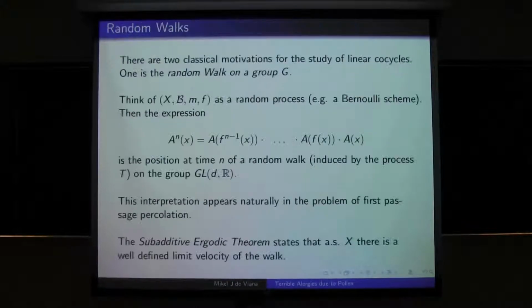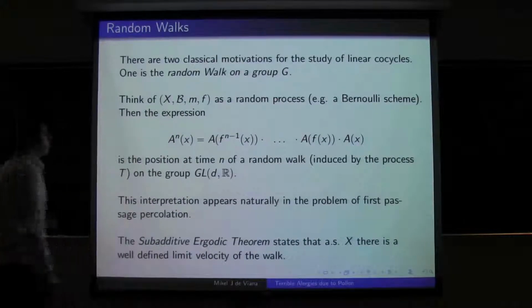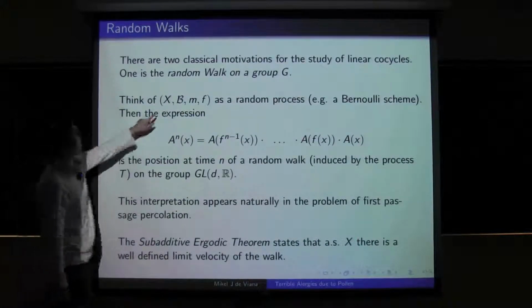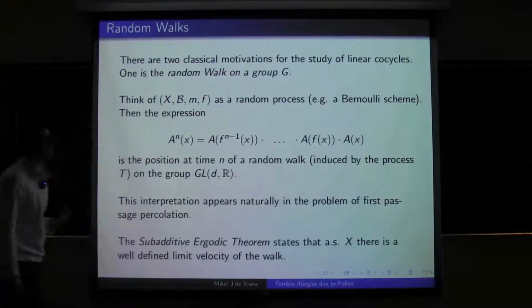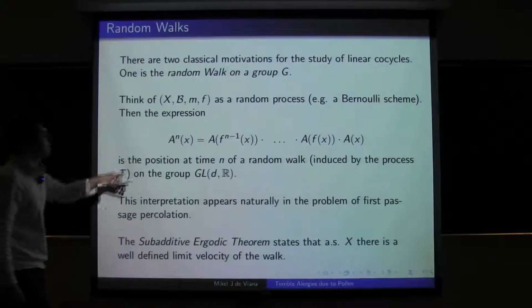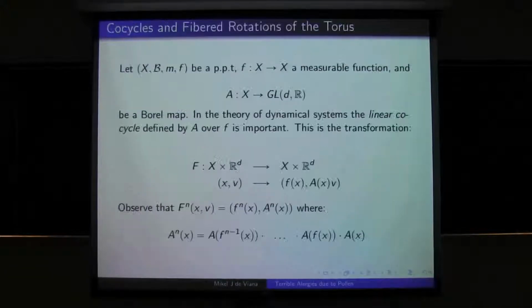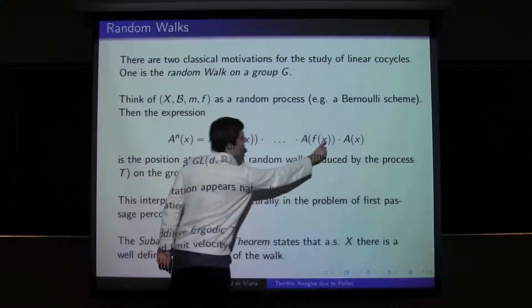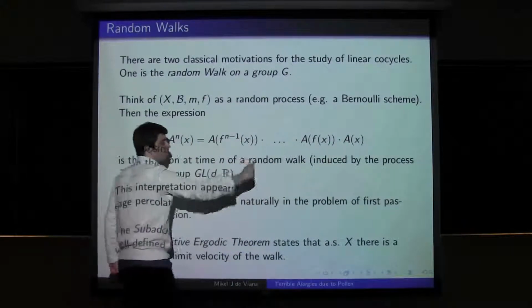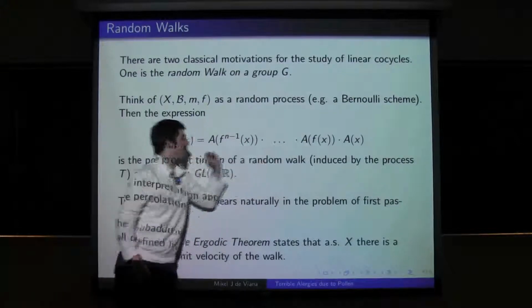The first two examples are mathematical in nature. In the first example, we're going to think of the manifold with the transformation f as a random process, typically a Bernoulli scheme. The expression that we had for A^n before, for the composition of the right-hand side, has to be thought of as a random walk, because to x you apply f, which switches randomly, then you take A, and then you do these multiplications.